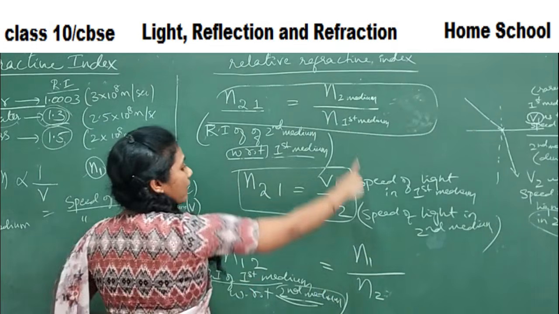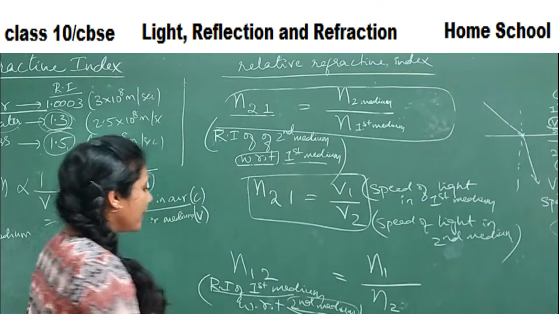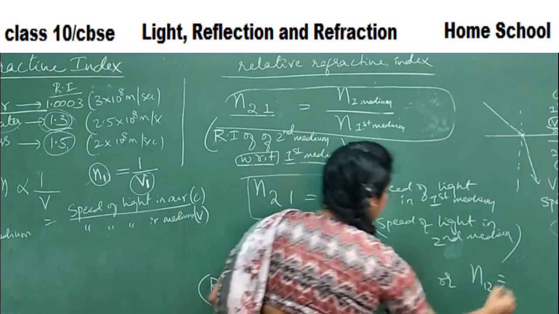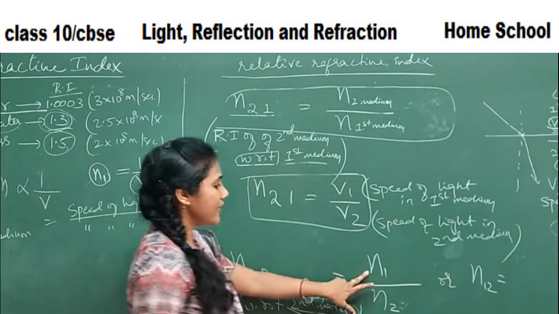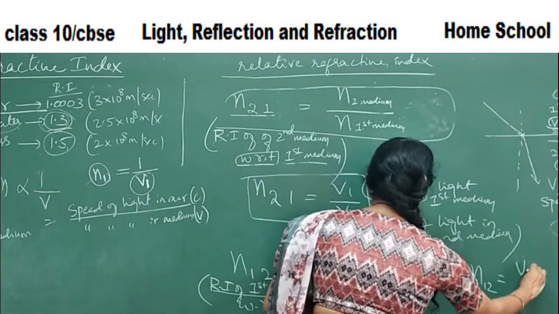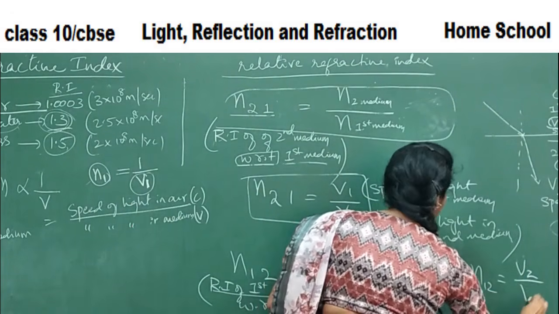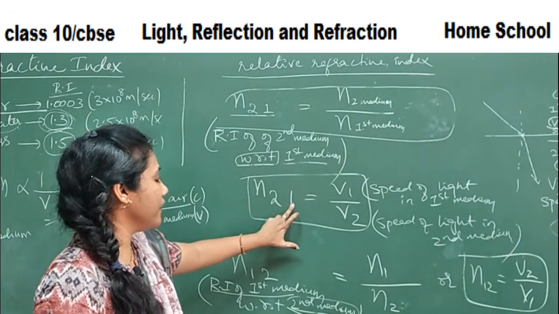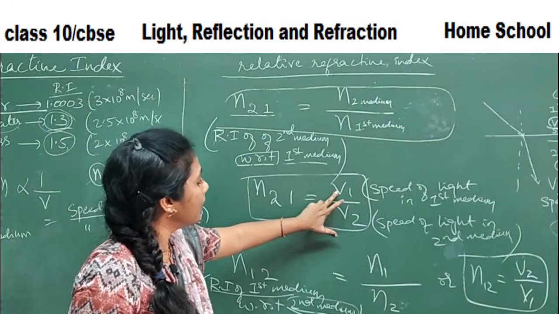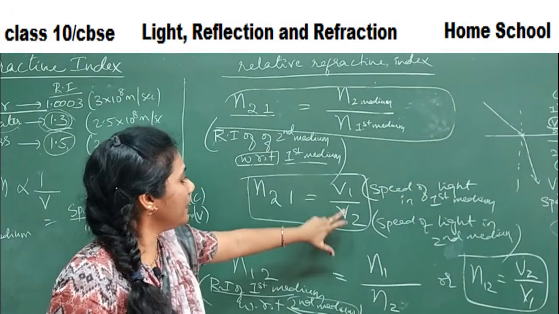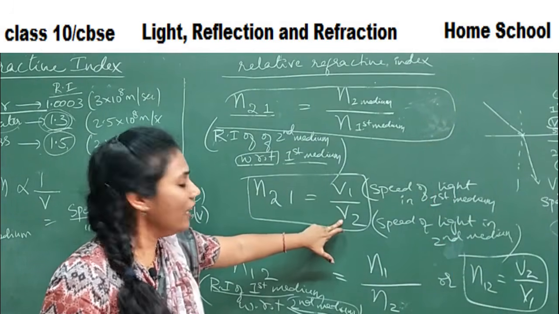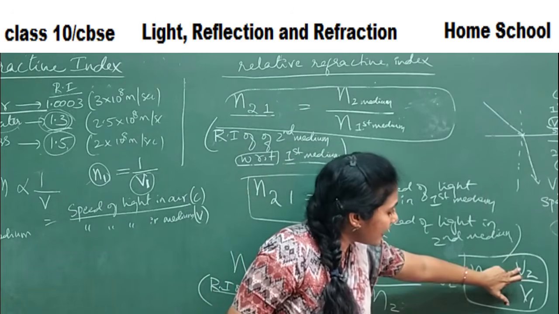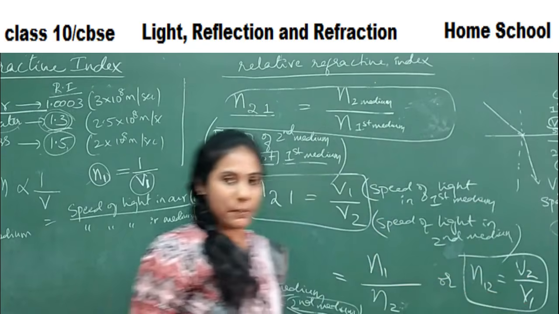In terms of speed, if you have to write a formula, N12 is equal to what will you write? N1 is there, no? So here comes V2 divided by V1. Okay. N21 means what? Speed of light in the first medium divided by speed of light in the second medium. N12 means what? Speed of light in the second medium divided by speed of light in the first medium. Okay.